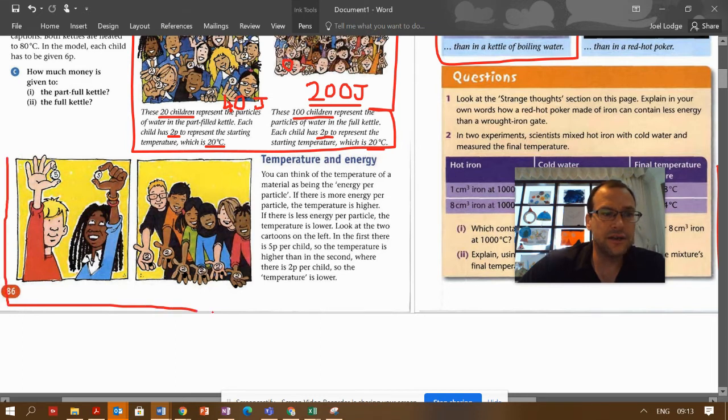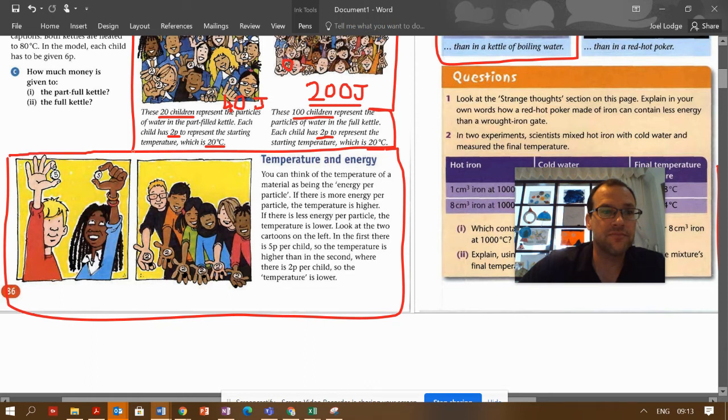Here's another great example. Now we're going to change the average energy per particle. So if we look at this, we've got 2 children here, 2 particles, each with 5 baht. Here we have 6 children, each with 2 baht.